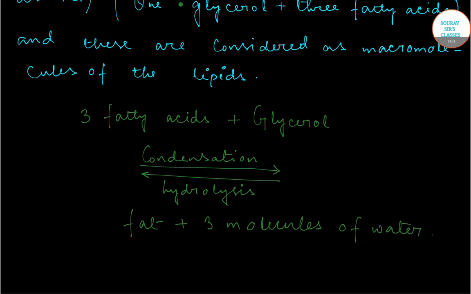That means through condensation we can get fat and 3 molecules of water from 3 fatty acids and glycerol, and through hydrolysis we can get 3 fatty acids and glycerol from fat and 3 molecules of water.